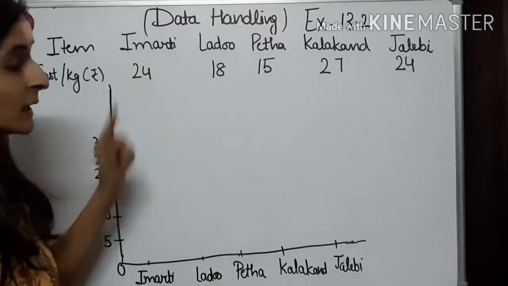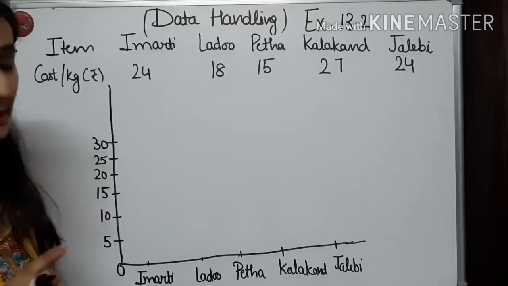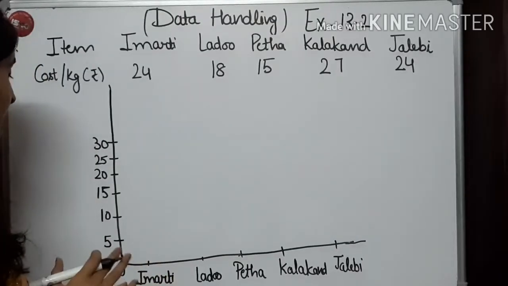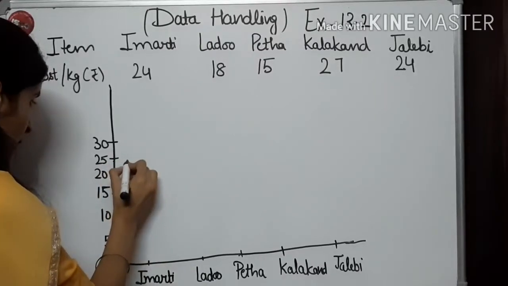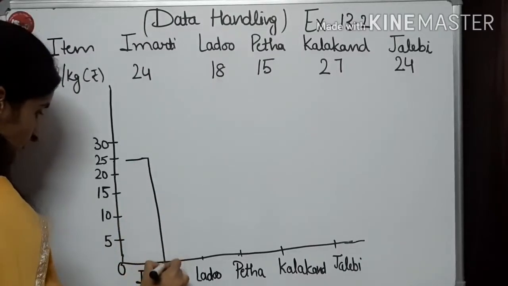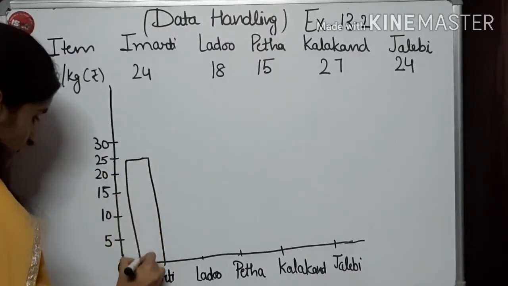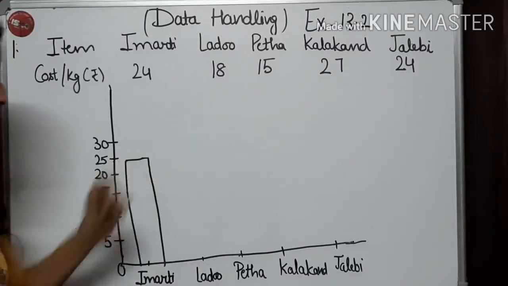Okay? After that, now we have to draw the bars here. The cost of Imarti is 24 rupees. So where can the 24 be? 24 can be here. So I am going to draw a bar here. After that, the cost of laddu is 18 rupees.